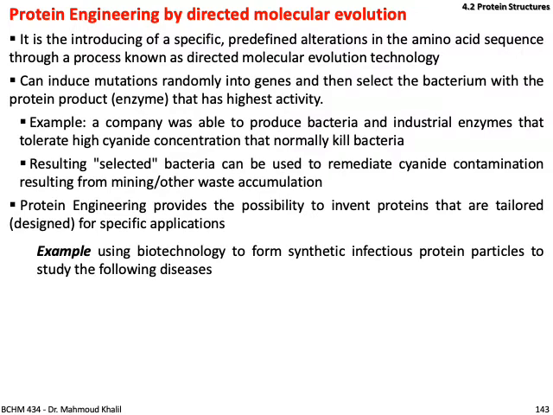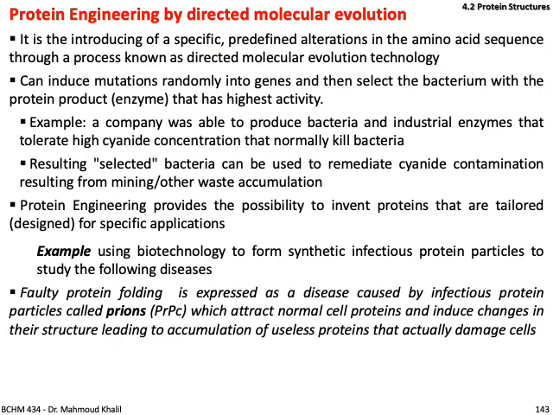For example, using biotechnology to form synthetic infectious protein particles to study the following diseases. Faulty protein folding is expressed as a disease caused by an infectious protein called prions, PrPc, which attract normal cell protein and induce a change in their structure, leading to the accumulation of useless protein that actually damages the cell.